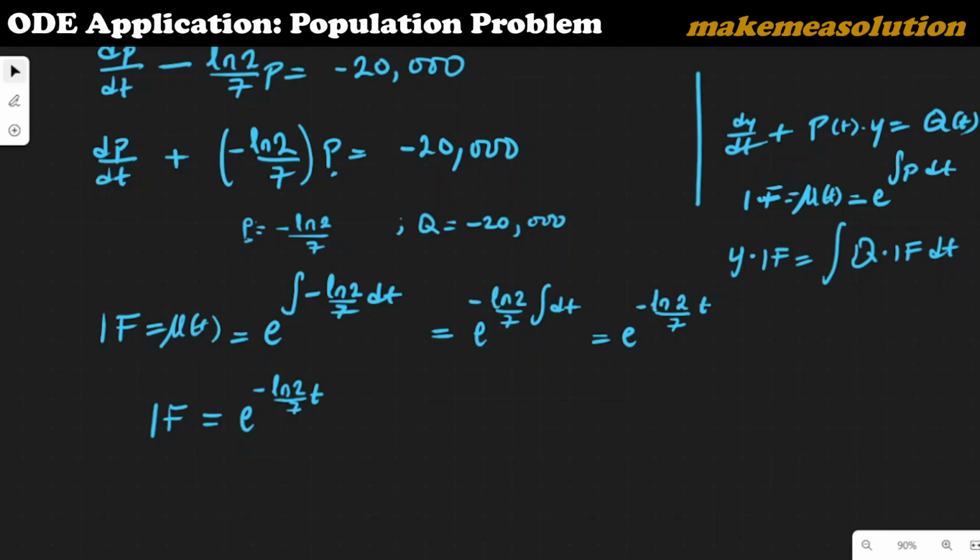You can express it in this way: exponential minus (t/7) ln 2. Are we together? Exponential minus (t/7) ln 2 is equal to exponential of ln 2 raised to the power of negative t/7.